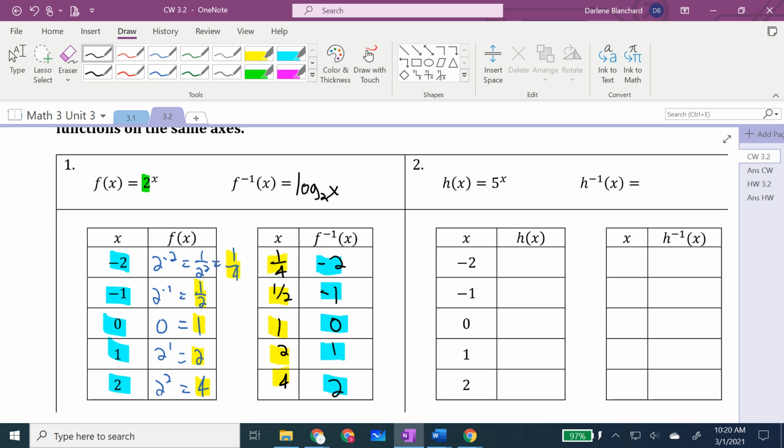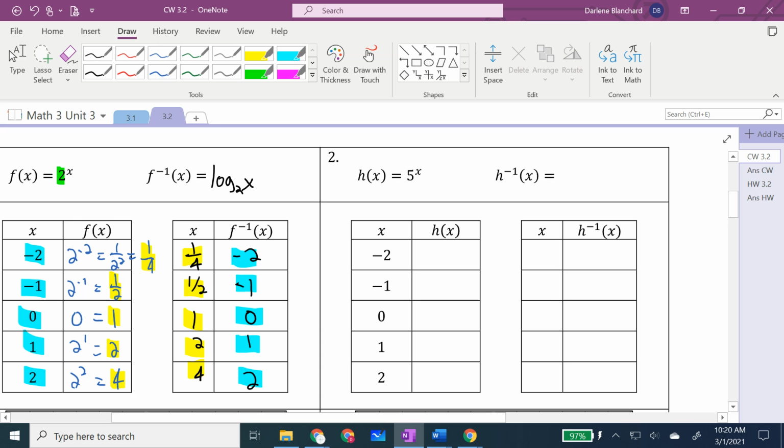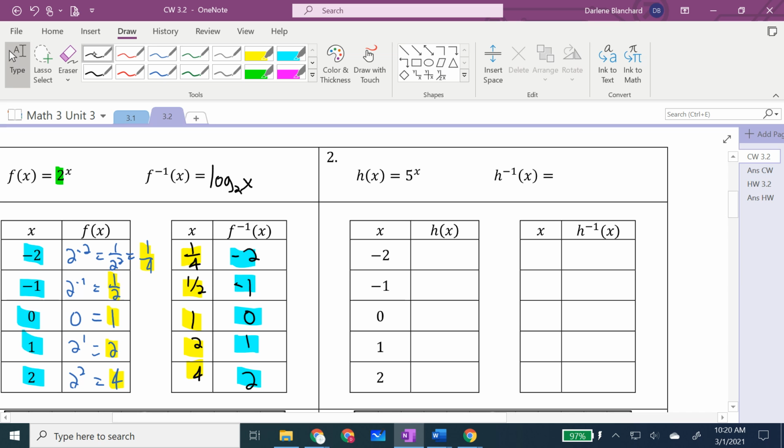And then while we're at it, let's go ahead and make this table for 5 to the x. And the inverse function for 5 to the x would be log subscript 5 of x, so log base 5 of x.